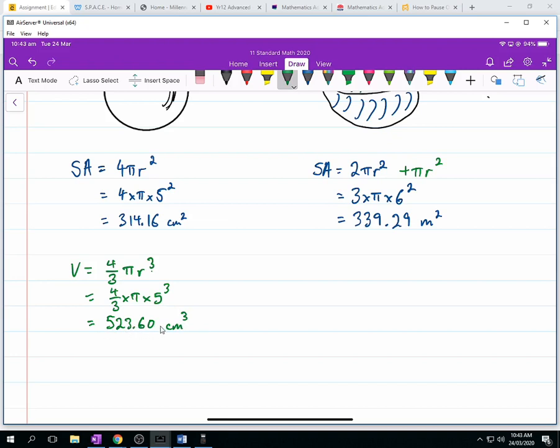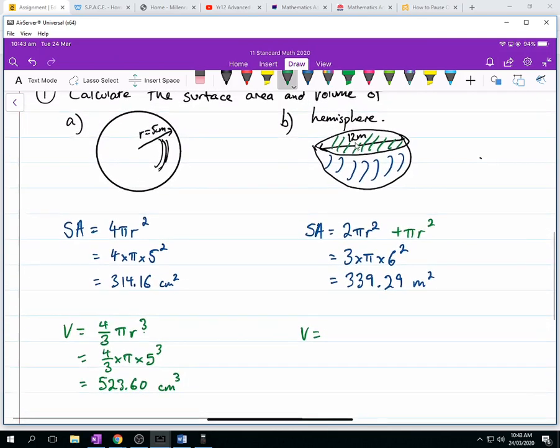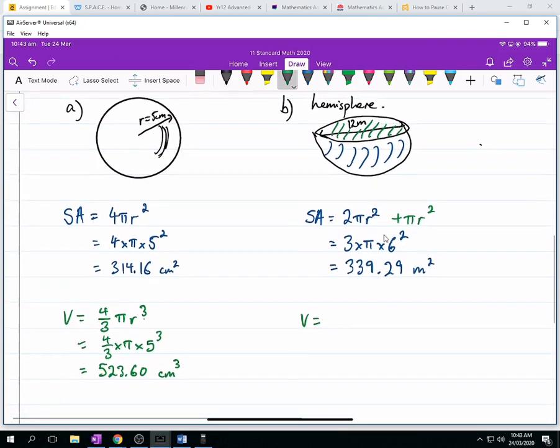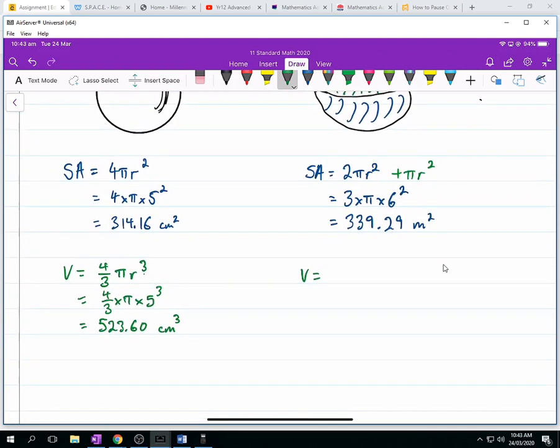For the second one, because it's a volume, we are not adding our pi r squared or anything to this. There's no plussing on it. It's just half of a ball, so half of 4/3 of pi r cubed. Because we have half of 4/3, we have 2/3 of pi r cubed.